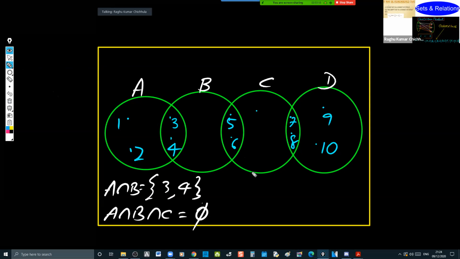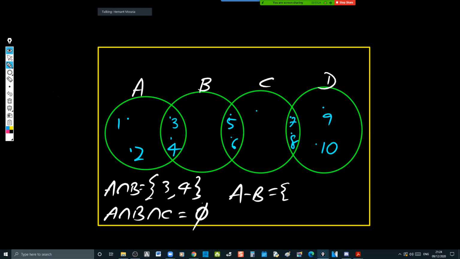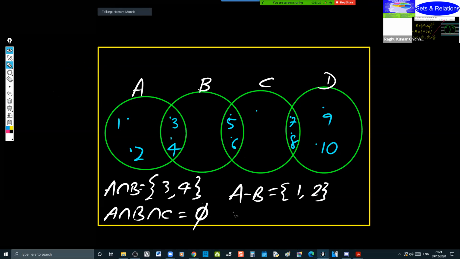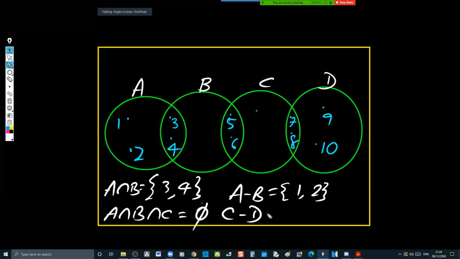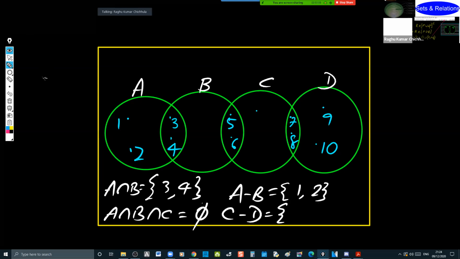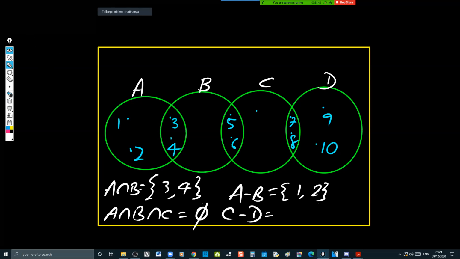You tell me what is A minus B here? A minus B is 1 and 2, sir. What is C minus D? C minus D is 5 and 6, sir. Chaitanya, what is C minus D? 5 and 6.